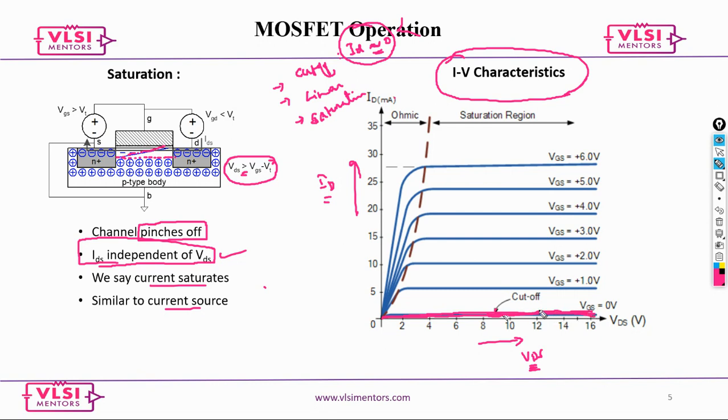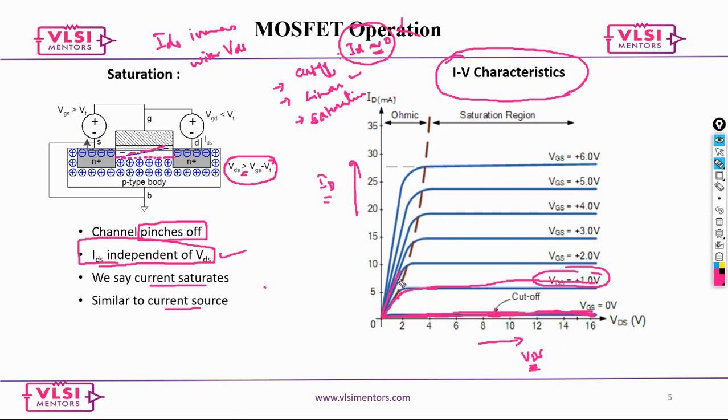Now, the next one is your linear. What did we discuss? Your IDS increases with VDS. So you just draw this particular thing. For each VGS, the gate supply voltage, this is how it is going to be.